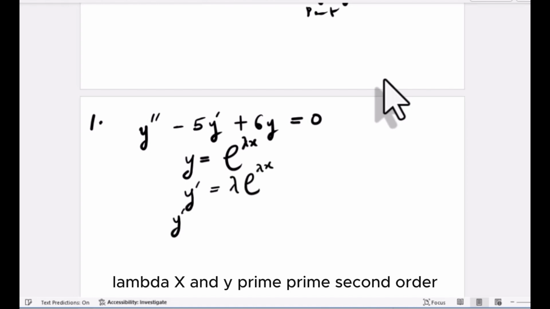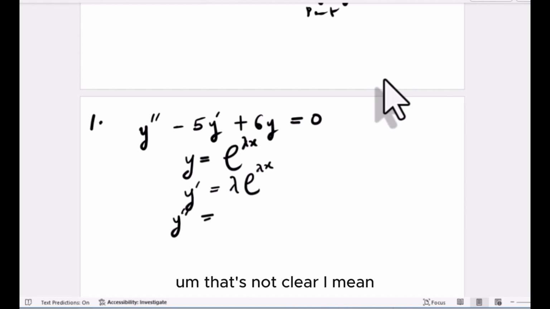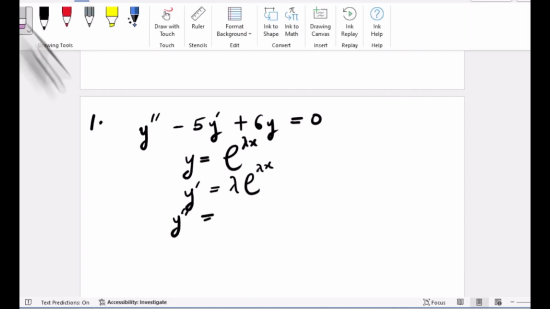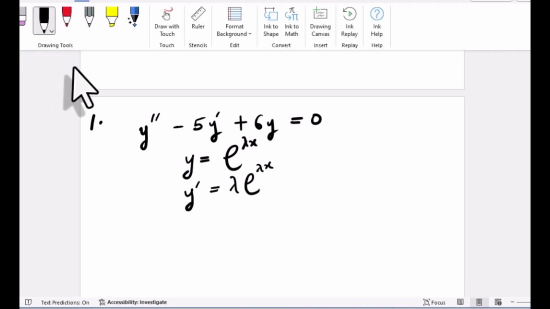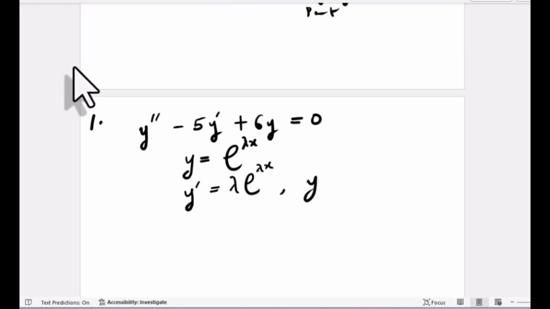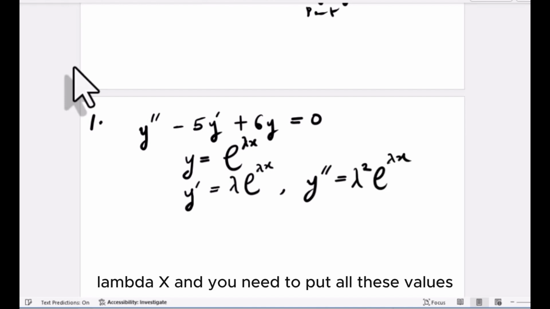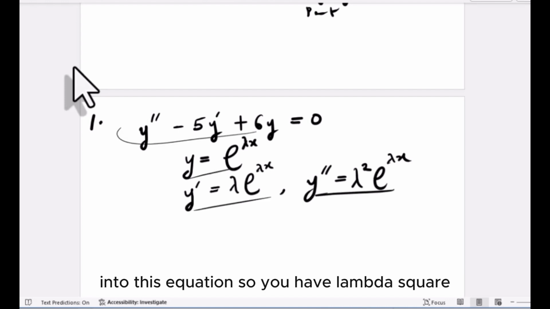And y prime prime, the second order, is lambda squared e to the lambda x, and you need to put all these values into this equation.